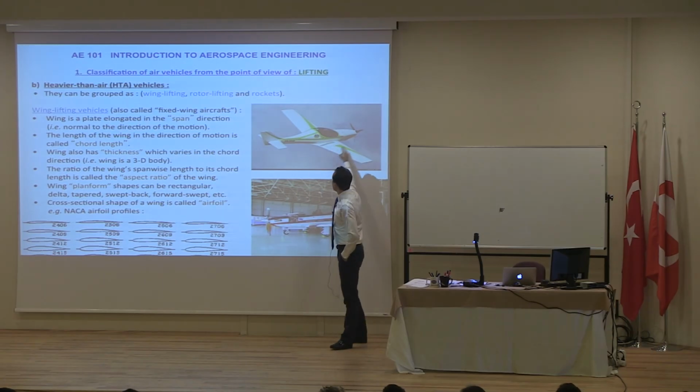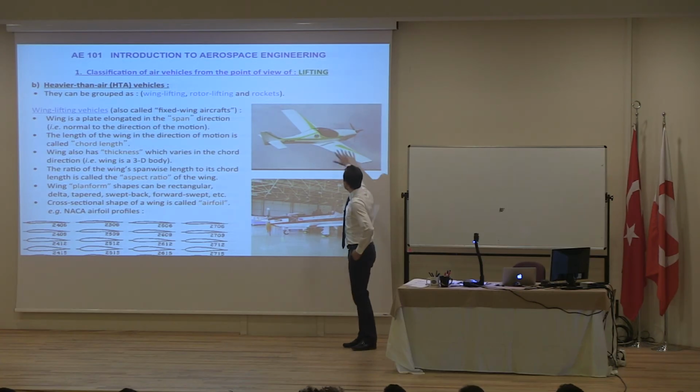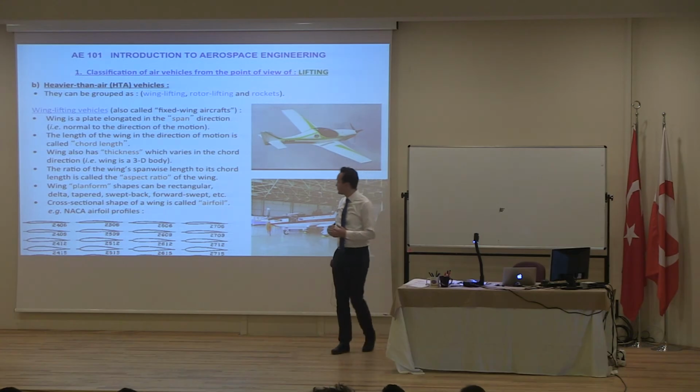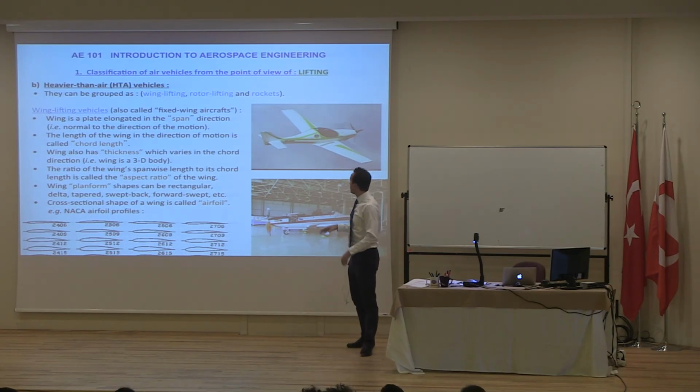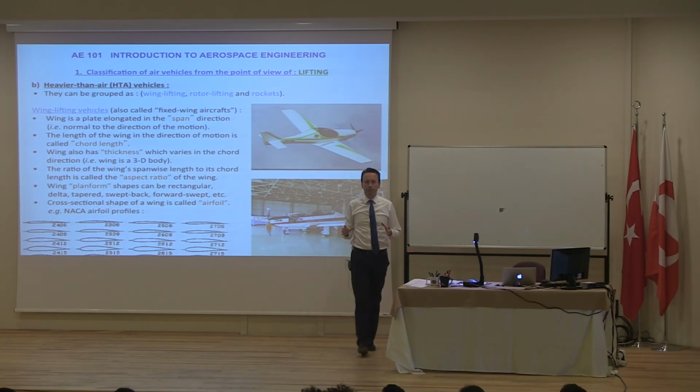In this direction we call it the chord of the wing, and every wing of course has a thickness. The ratio between the chord and the span we call the aspect ratio, and the way the wing looks we call the wing planform.